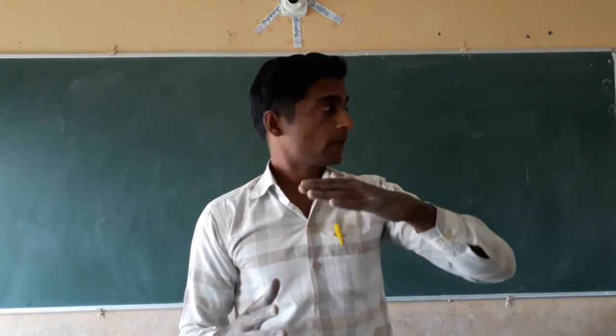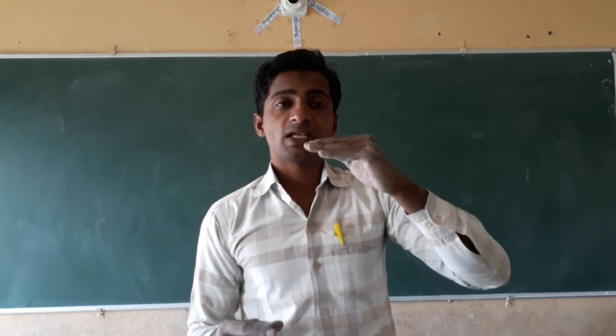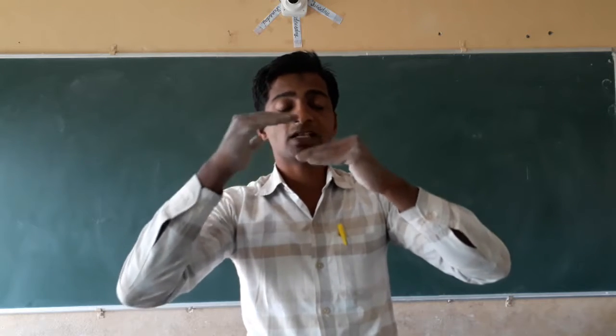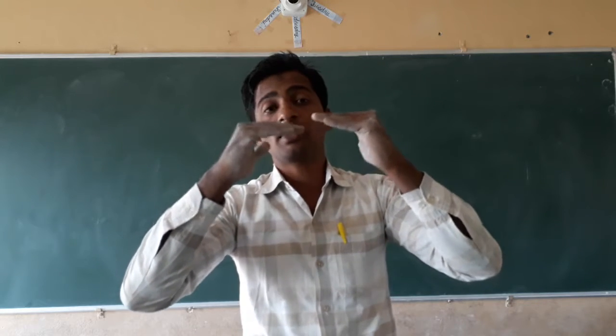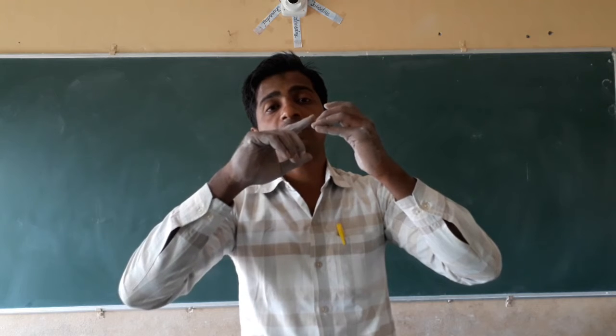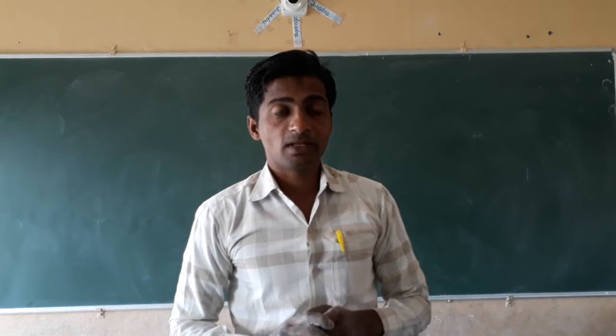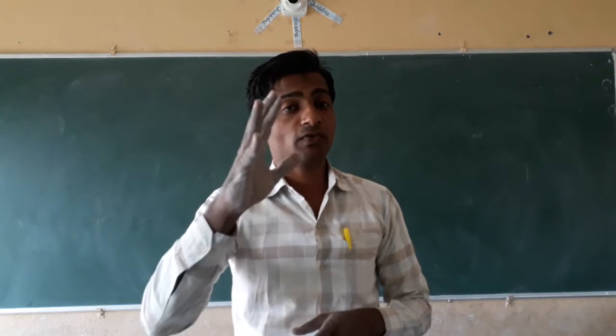By this we can say there is a variation in the climatic conditions. Changes in environmental factors like temperature, humidity, rainfall and wind speed are called weather. But in the case of climate, there is no variation.